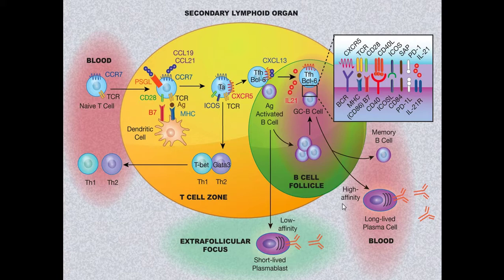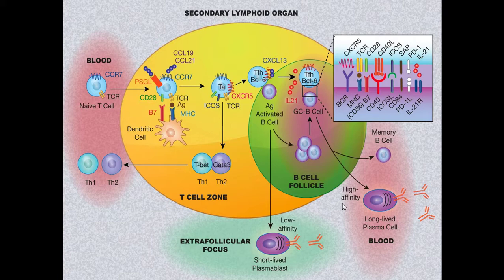Based on the gradient of the counterpart of CXCR5, which is CXCL13, they migrate to the border of the T cell zone and the B cell zone in the germinal center, and interact with B cells at the borderline.